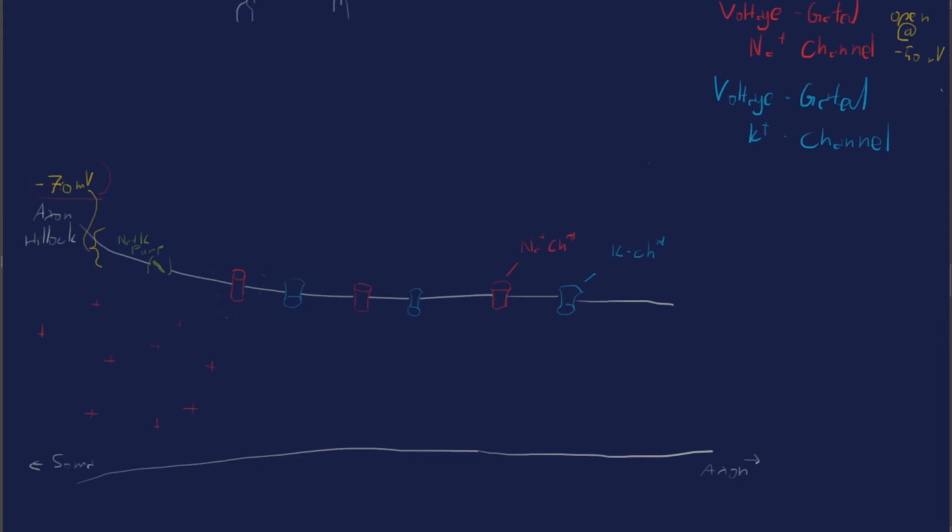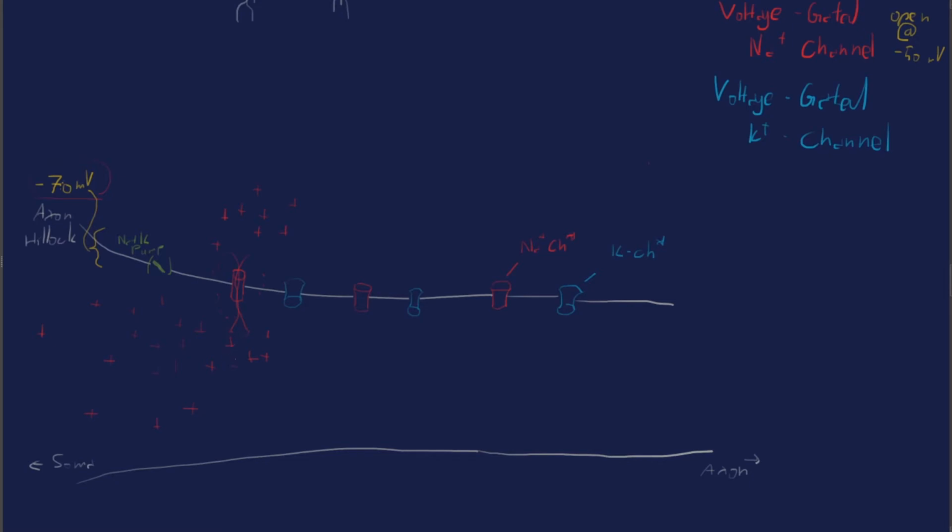And so what will happen is that if there's some relatively small increase of voltage here inside the axon, it will open these sodium channels and trigger the influx of even more positive sodium ions. All these will enter.